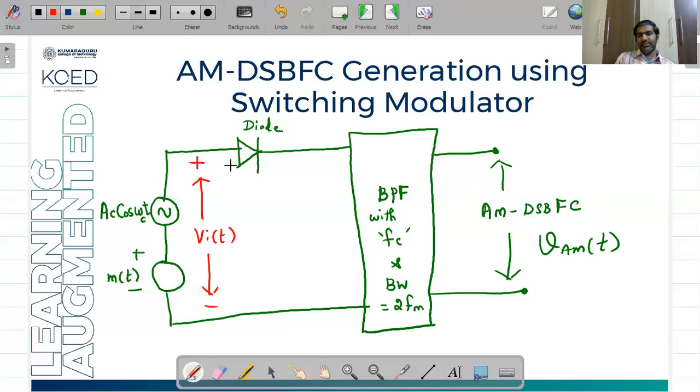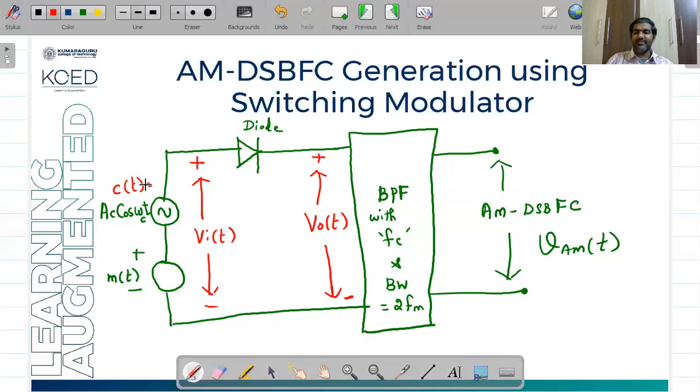At the input to my diode, my input is Vi of t, and the output of the diode, or the output to the band pass filter, I'm calling V out of t. So Vi of t and V out of t. My inputs are m of t and c of t, where c of t is nothing but the carrier.